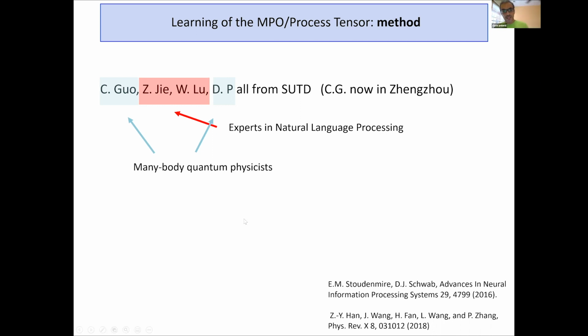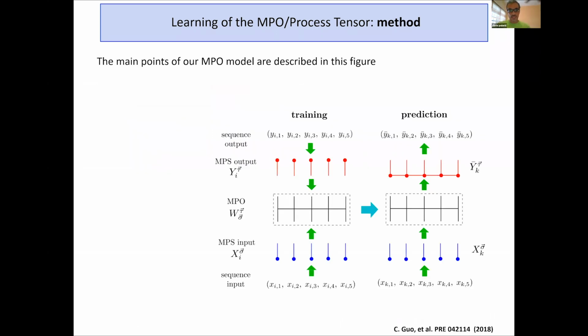And so we thought of doing that to also do machine learning, but basically to do sequence to sequence learning. Given a sequence, we can learn another sequence. And the way we do this is given here. We have a sequence of different inputs, let's say x1, x2, x3, x4, x5, and we have an output sequence, y1, y2, y3, y4, y5.